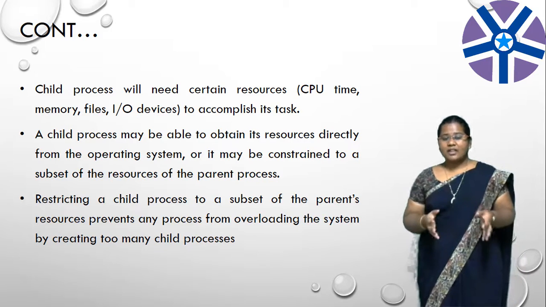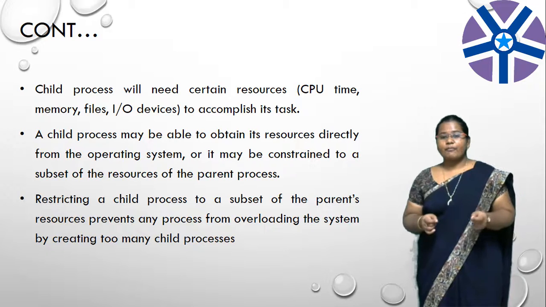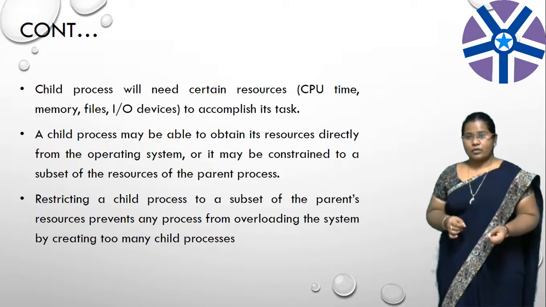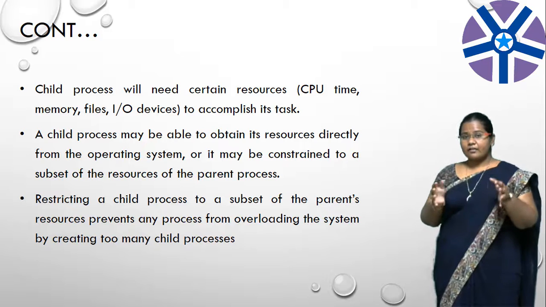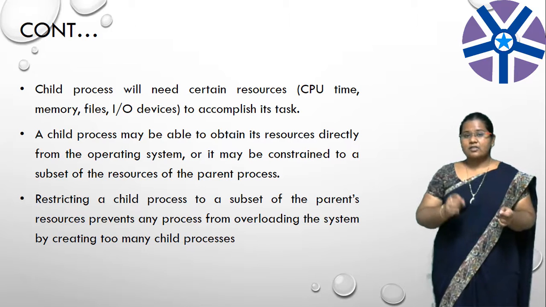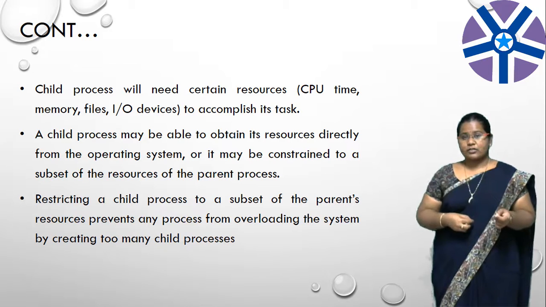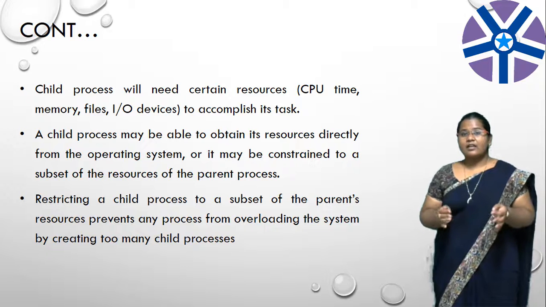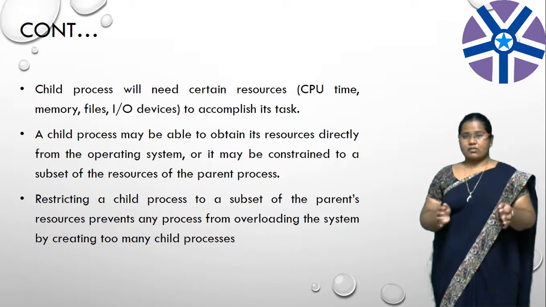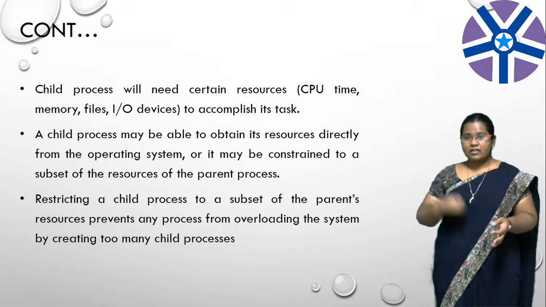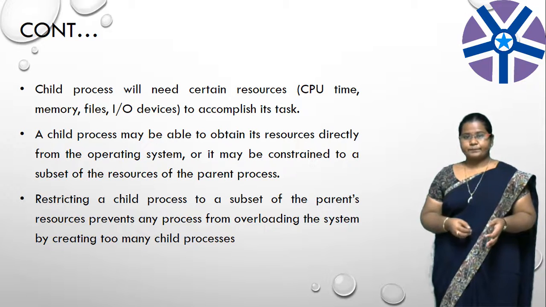Restricting a child to a subset of the parent process's resources prevents any process from overloading. That is, if a child process only gets a subset of the resources given by the parent process, then we can eliminate a process overloading the system with other processes' data.